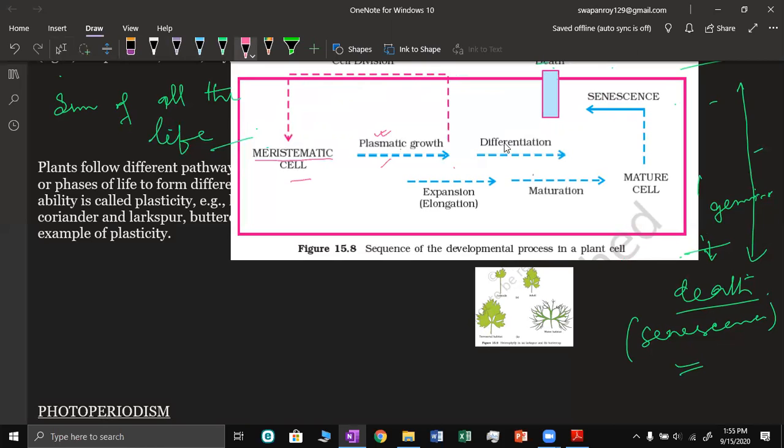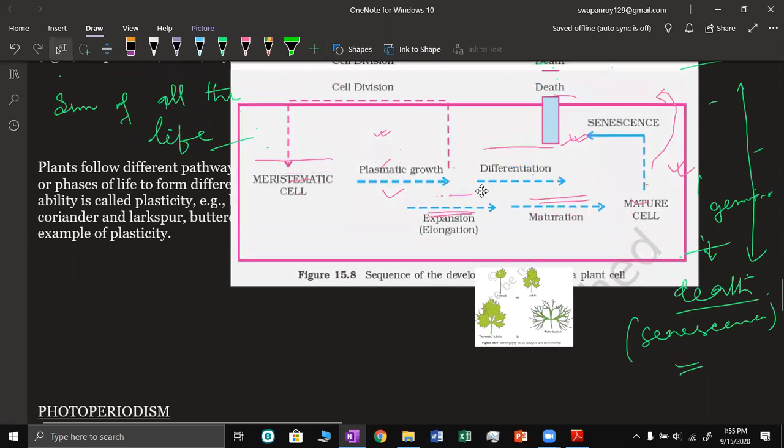Then after that there is differentiation. When differentiation takes place, there is expansion, elongation, then cell maturation, that we have learned in the process, and it forms the mature cell, and once the cell is mature, then there is senescence, that is the death.